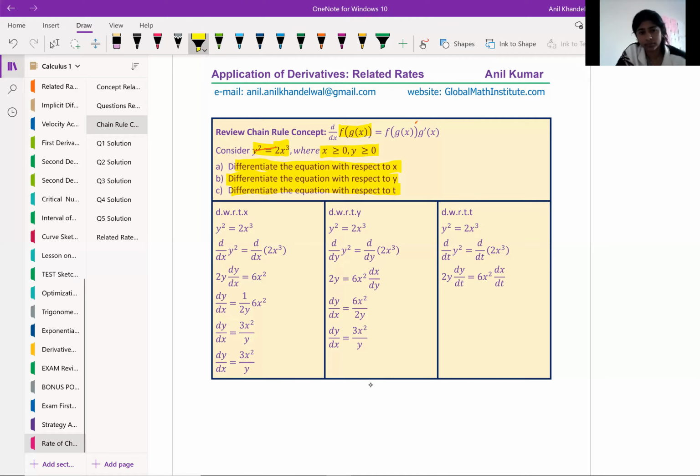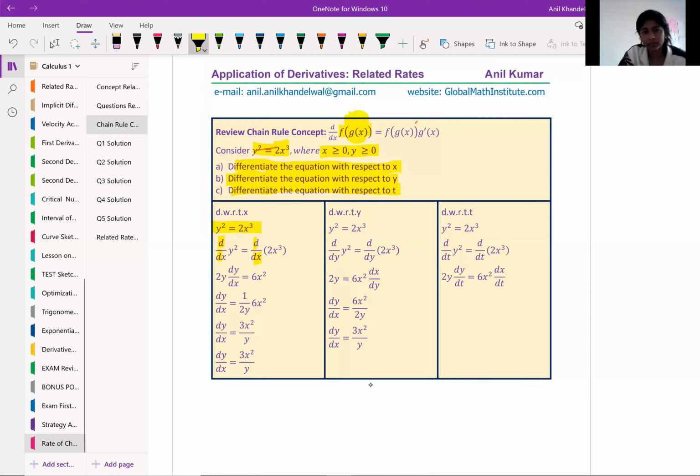We have this function y squared equals 2x cubed. On both sides, we are differentiating with respect to x. On the left side, we are differentiating y squared with respect to x. We know that y is a function of x, so that means the chain rule will be applied.